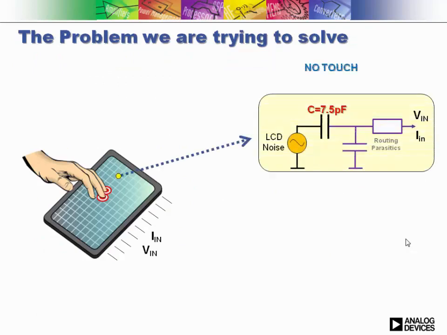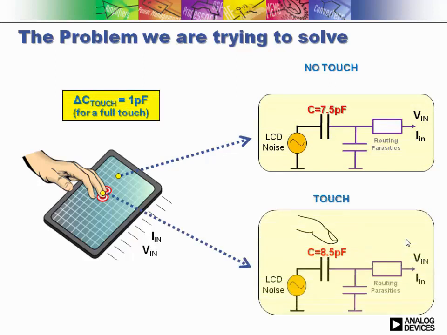Because it's ground sensing, what we measure is a change in the delta, a change in the cap. Whenever we don't touch, we have a certain bulk capacitance. Then we touch down, and we have an extra capacitance that we try to measure.